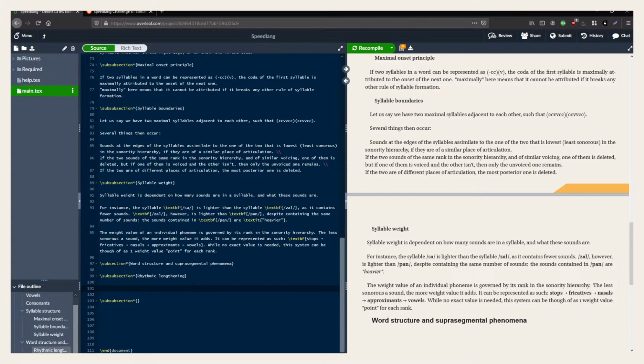Let's see. In a polysyllabic word with at least 3 vowels, rhythmic lengthening spreads from the heaviest syllable.